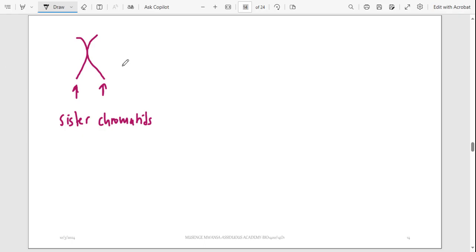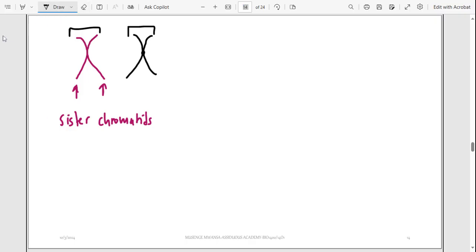So during cell division, there is going to be another pair of sister chromatids. Actually this one is homologous to this one, but each one made a copy of itself so that during cell division they are going to separate. Each cell, after it gets such a chromosome, is going to be the same as the one that has remained. So you can see that you have got four chromatids.